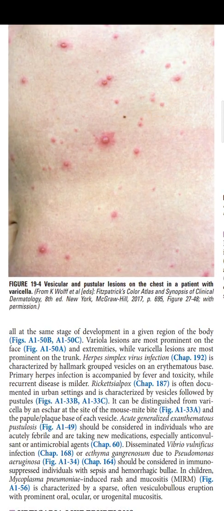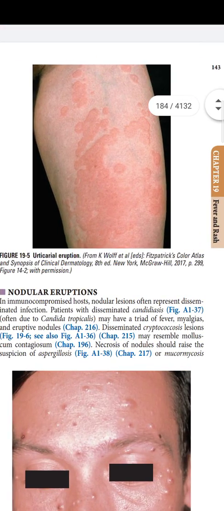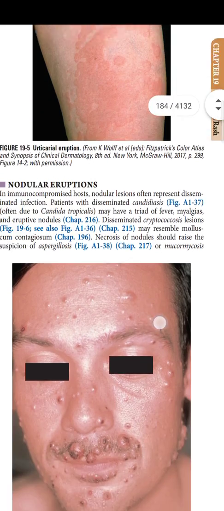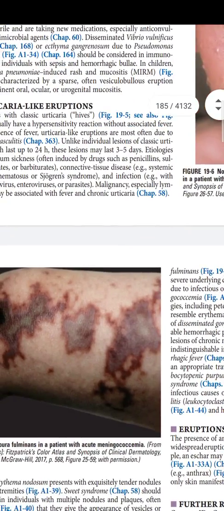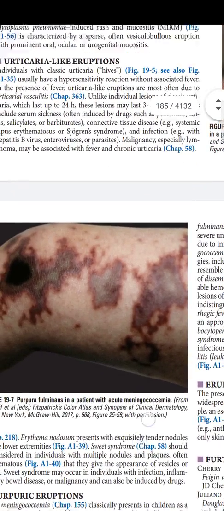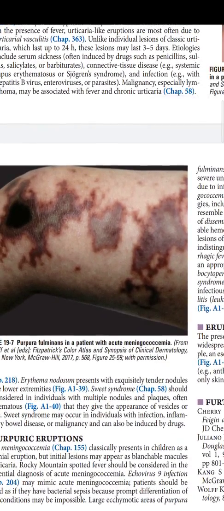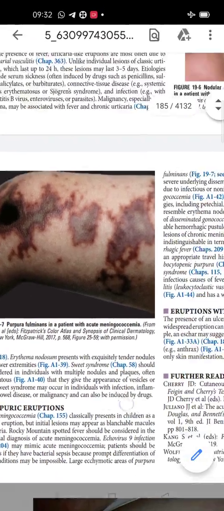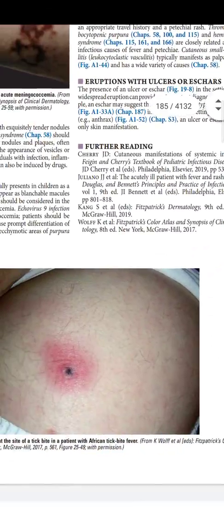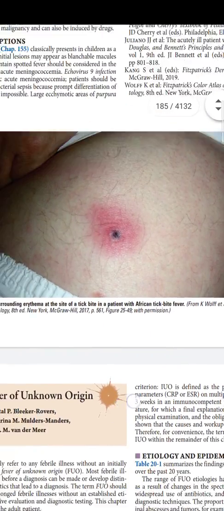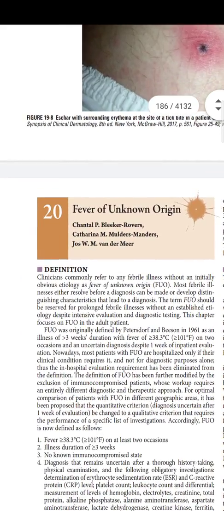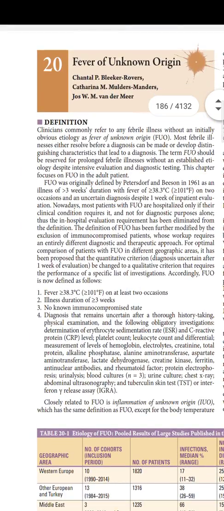Vesicular and pustular lesions on the chest in a patient with varicella. Vesiculobullous eruptions, nodular eruption in disseminated cryptococcus, and purpura fulminans in acute meningitis. These were all there in separate chapters. They have been taken and given in a single chapter. So tick bite fever, you can see the image.